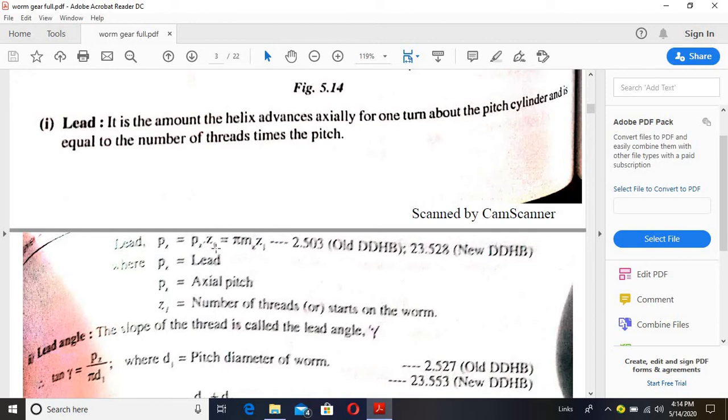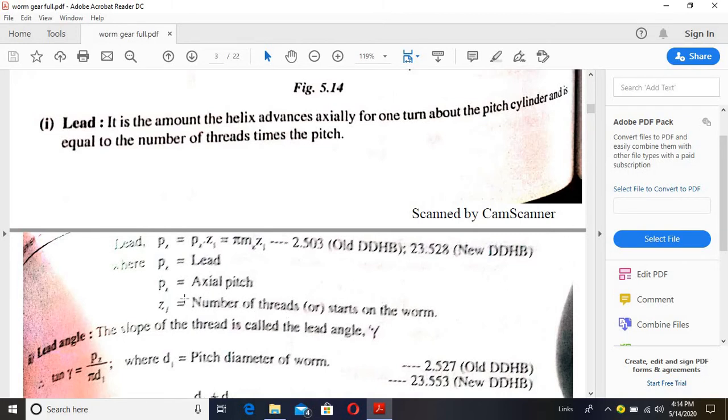Always you will get a Z1, because the lead is for the pinion or worm. Pz is nothing but lead, Px is nothing but axial pitch, and Z1 is nothing but the number of threads. Here we won't call it number of teeth, we'll call it number of threads or starts on the worm.